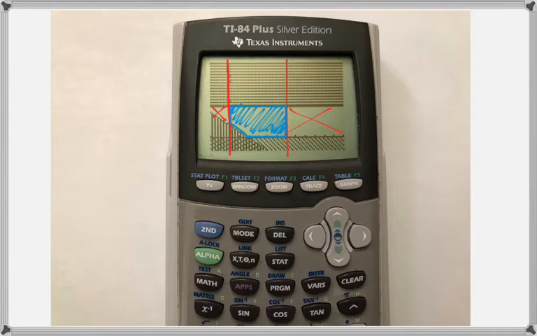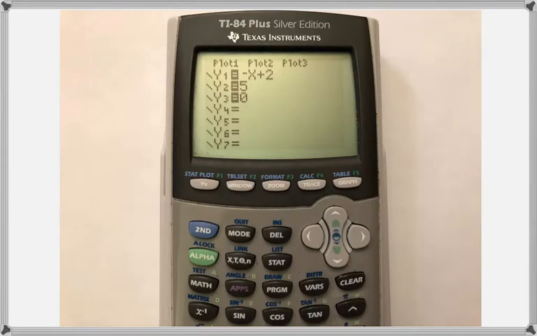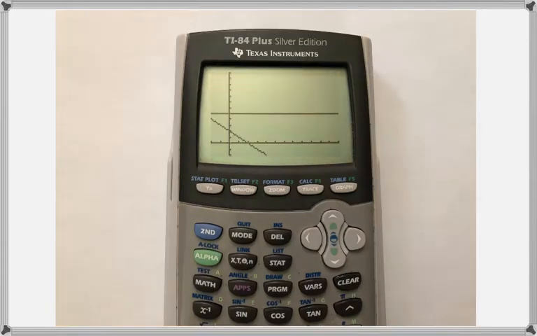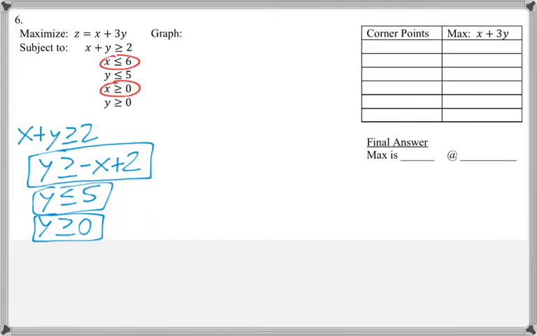Okay, before we find the intersection points, it's going to help to remove the shading. So we want to change these back to the line symbol and then graph it. Before I find my intersection points, I want to draw my graph on my paper.